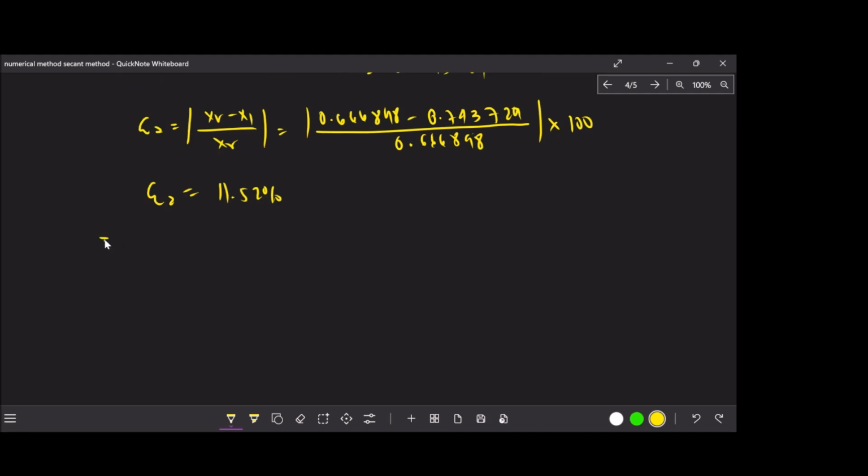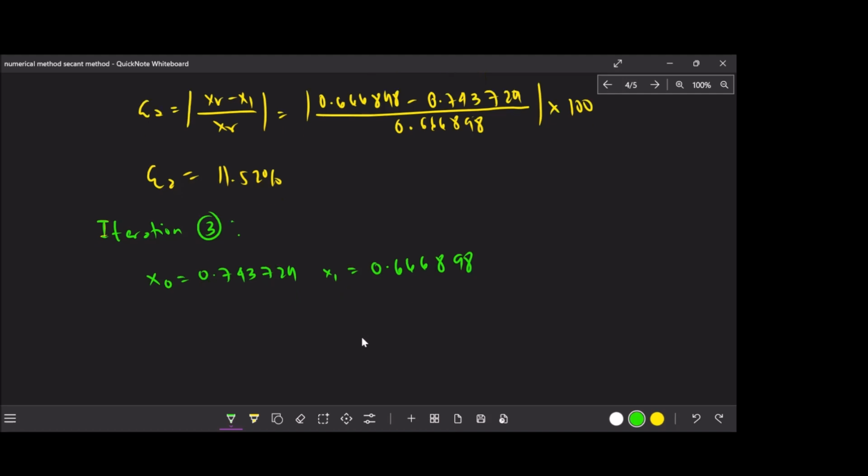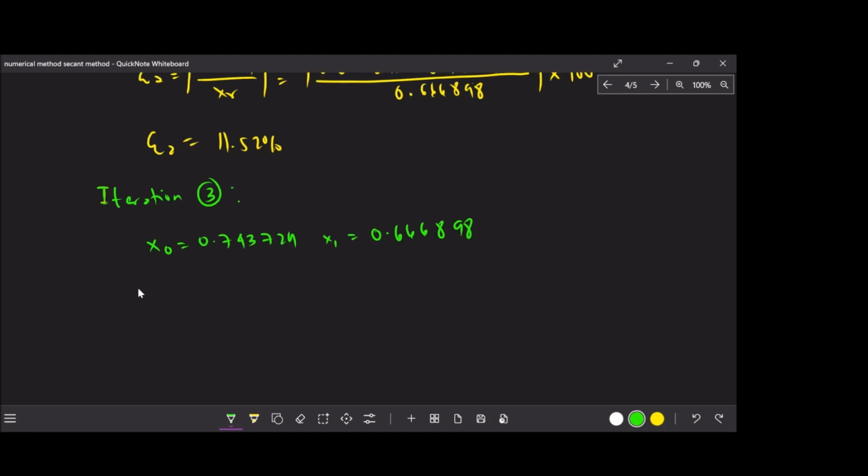So let's proceed with iteration 3. For this one, our x0 is equal to 0.743729, and our x1 is equal to 0.6666898. Okay, so let's solve now for our new xr.